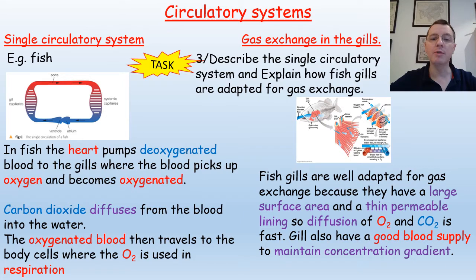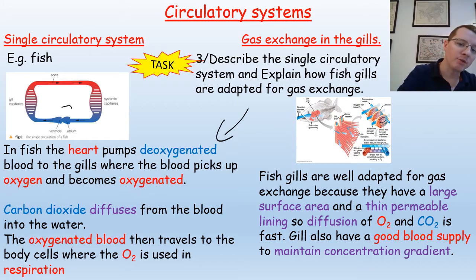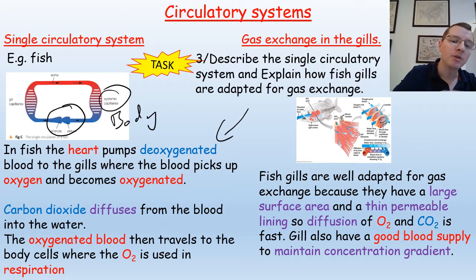So if we describe a single circulatory system, then in the fish, the heart pumps deoxygenated blood to the gills. So here's the heart made up of the atrium and the ventricle, and it's carrying blood that's been all around the capillaries in the fish body. So they've come back with very little oxygen because it's been used up in respiration.